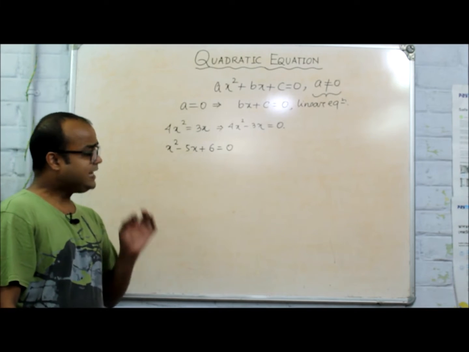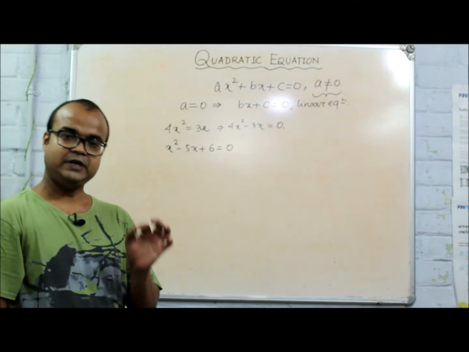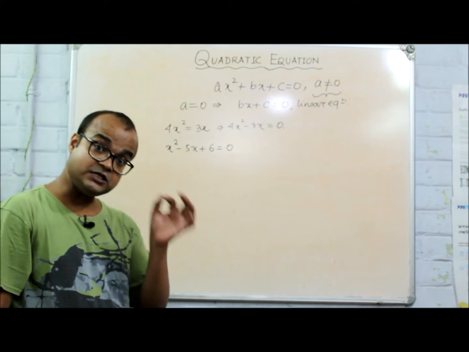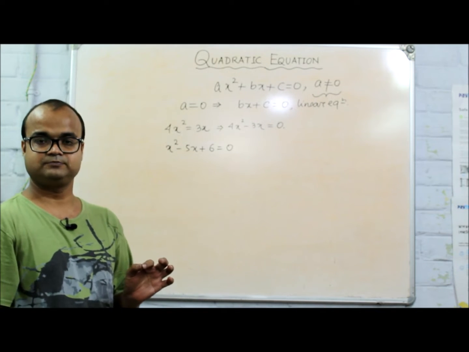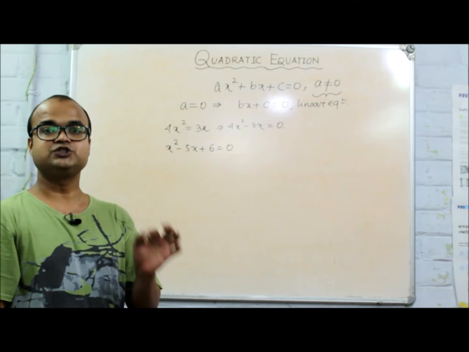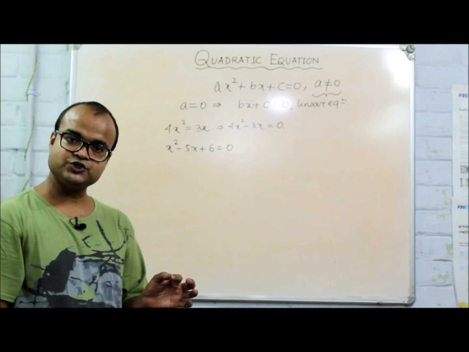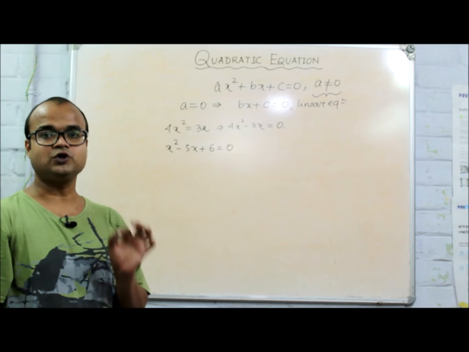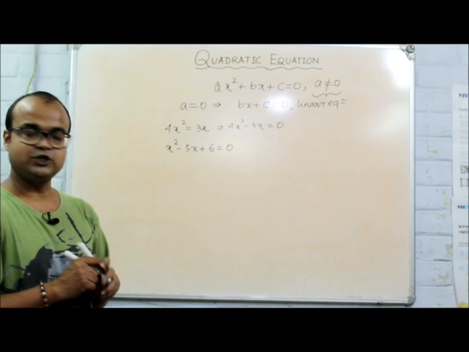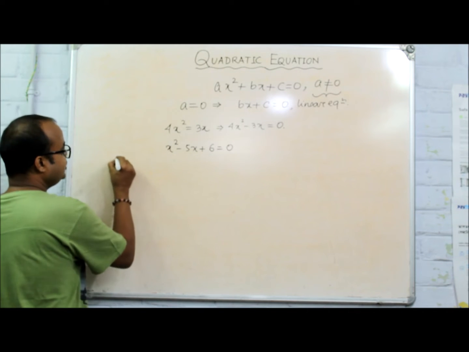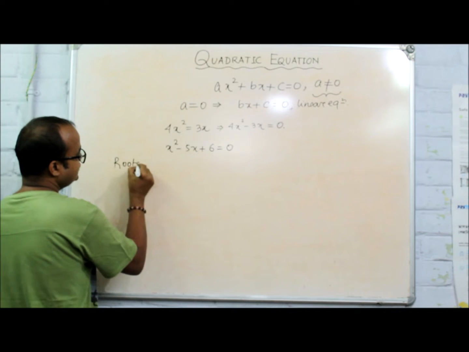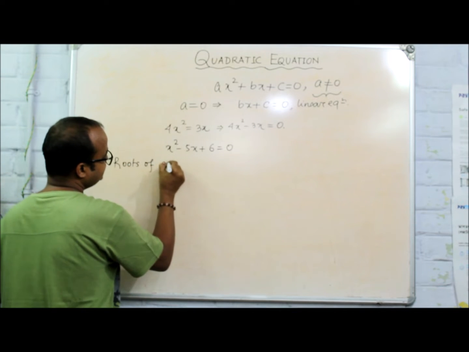Now, any number which satisfies the equation is called a solution of the quadratic equation or a root of the quadratic equation. So, what is the meaning of root of an equation?